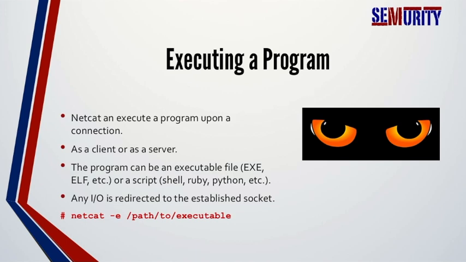Rather, it is going to be streamed to the established TCP session. And the way to enable this feature is to use the -e switch. So whenever you use -e and then you give it a path to your executable file, then Netcat is going to execute this file as soon as a connection is established.